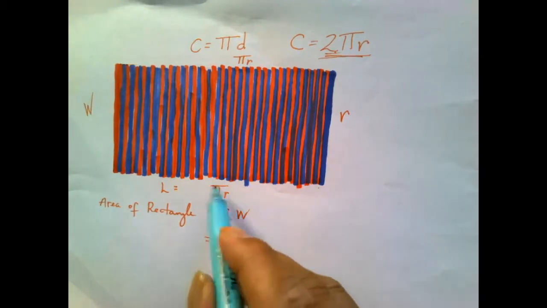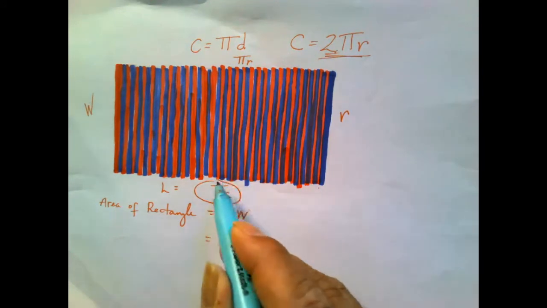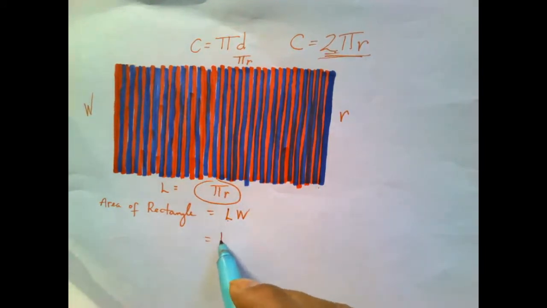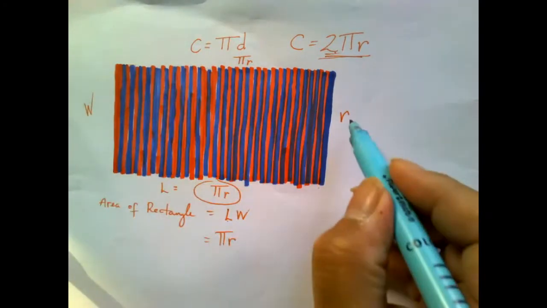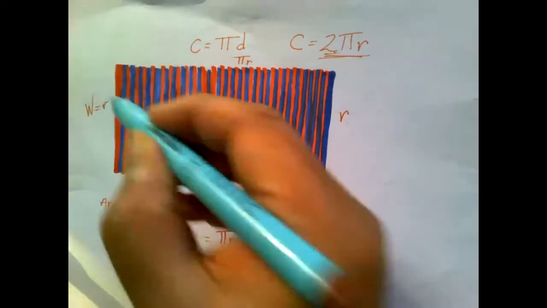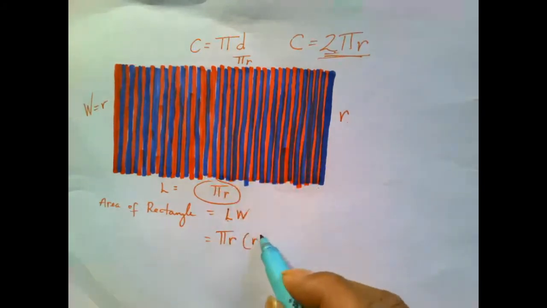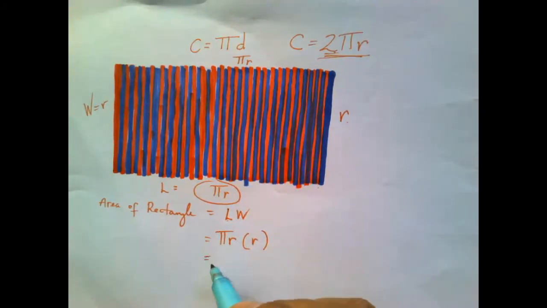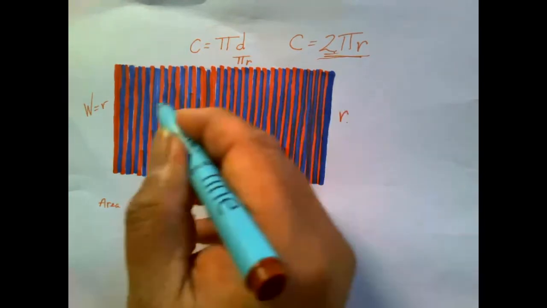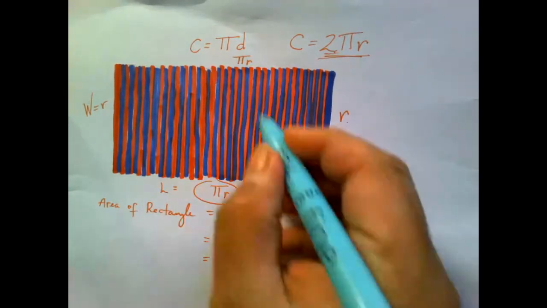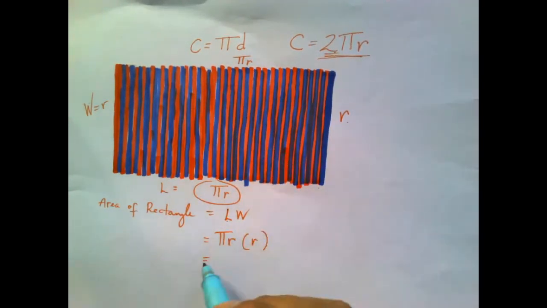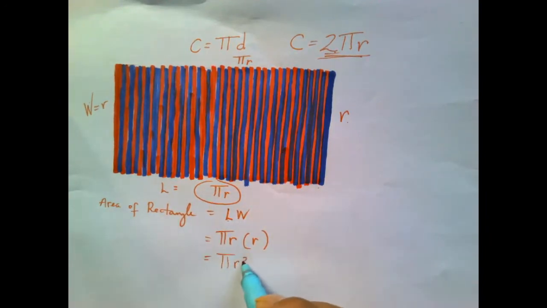And what is the length? The length is pi r. And what's the width? The width is equal to r.